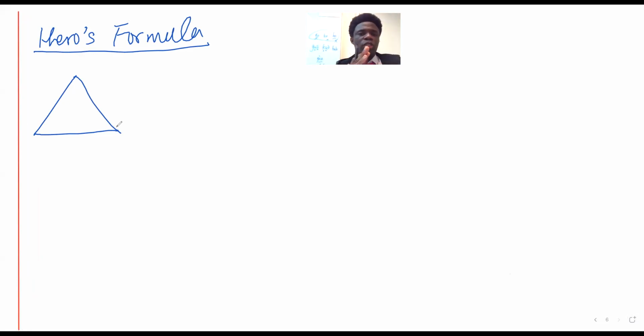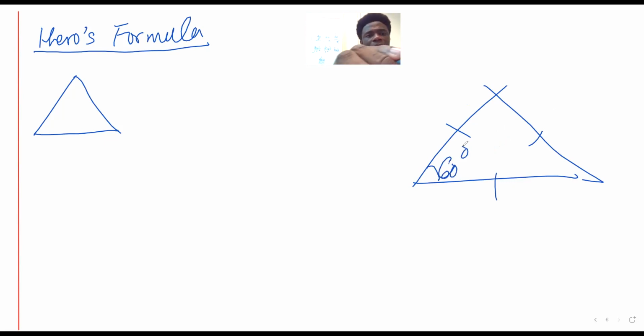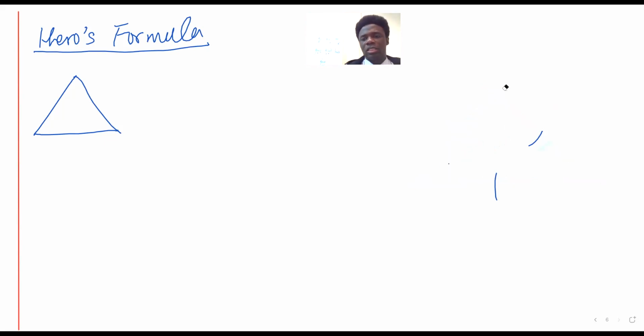Heron's formula is used when you have all the sides. Even if one of the sides is the height, you can use Heron's formula. The criterion for Heron's formula is that all sides must be known. So if you have a triangle like this and the height is not given, but you know all of a, b, c, you're good. If you have your equilateral triangle with all the sides given, you're good. So an equilateral triangle can be done by Heron's formula and also by trig because angle 60 is known. So you should practice with both approaches.